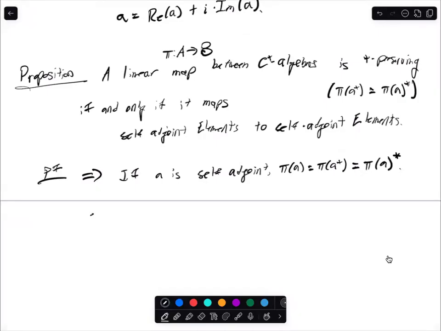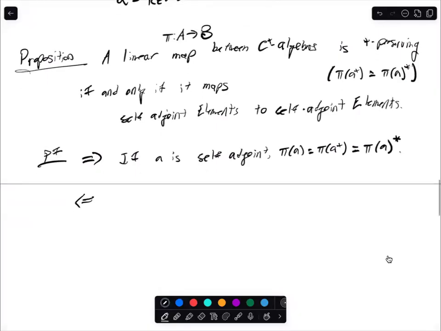Perfect. So then going the other direction, this is where you end up needing a little trick. For the reverse, if we assume that it sends self-adjoint elements to self-adjoint elements, you let A be written as the sum of these two self-adjoint elements: A is equal to the real part of A plus i times the imaginary part.